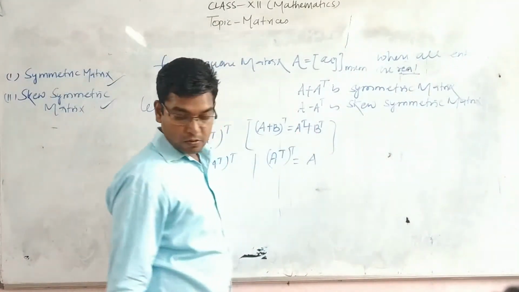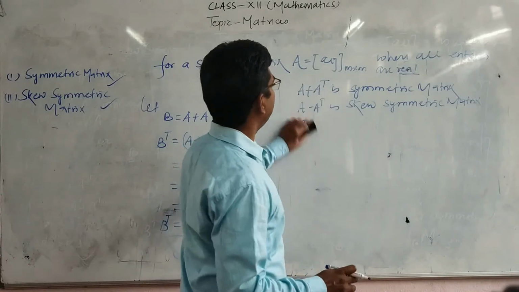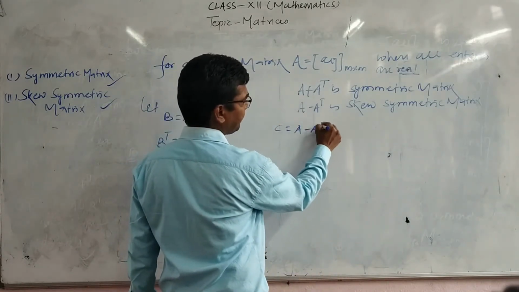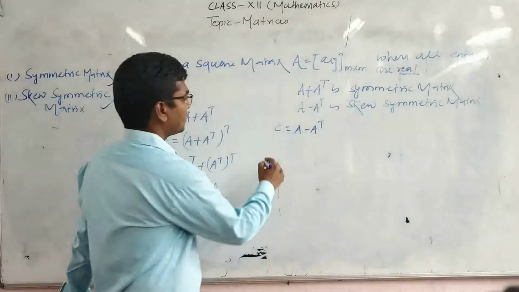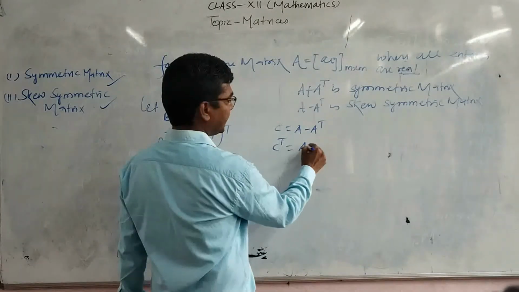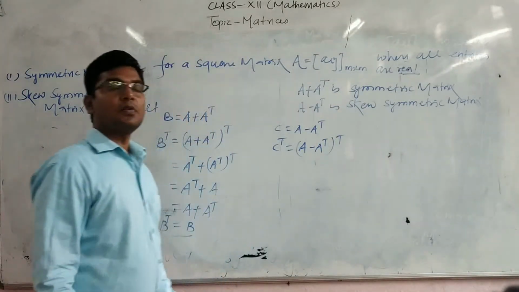The same will hold for a skew symmetric matrix. Let us name this expression C, A minus A transpose. So taking transpose on both sides, we will get such type of expression.